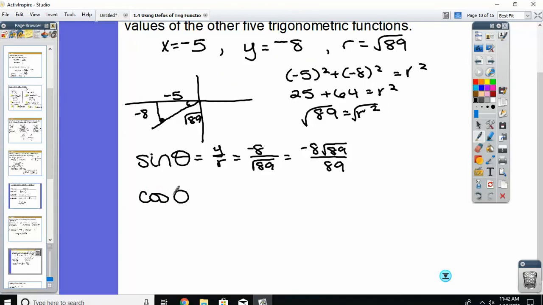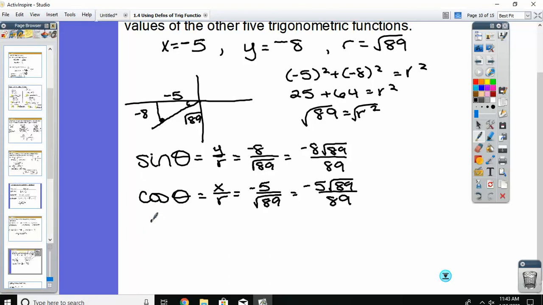Definition of cosine, x over r, so that's -5 over radical 89, multiplied by radical 89 on top and bottom. Tangent was already given to you. I just said give me the other 5, so you could list it again, but I'm not going to.